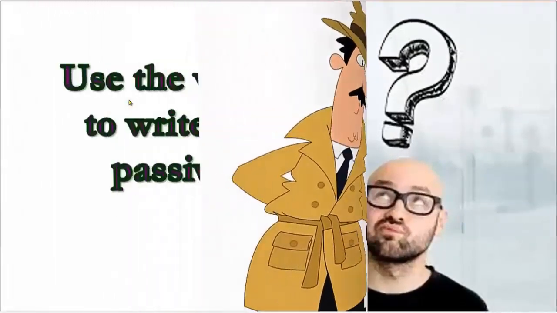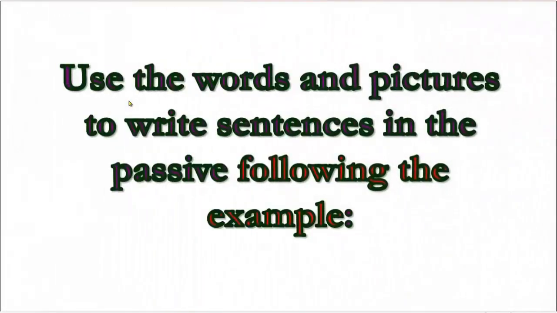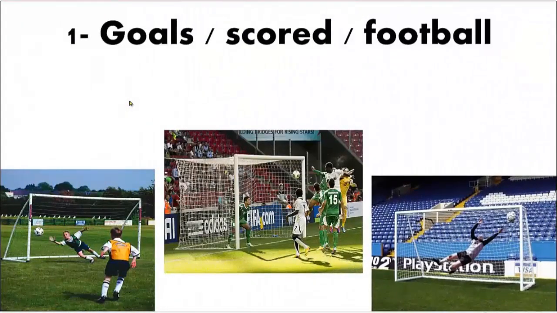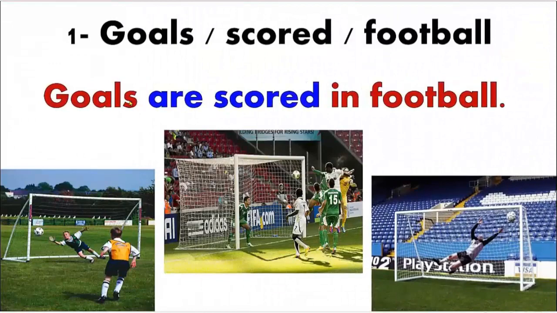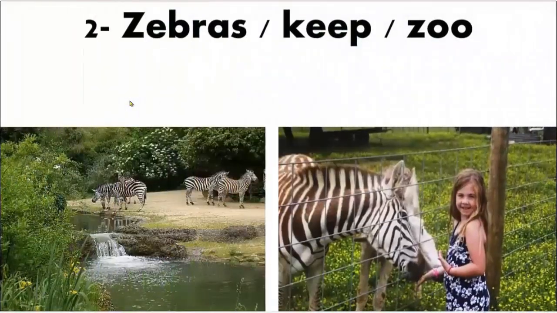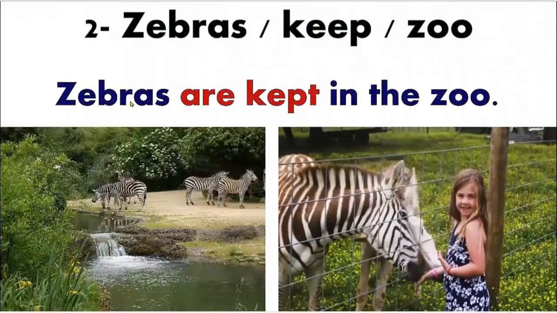Let's check your answers. Okay. Number 1 again. Goals are scored in football. 2. Zebras keep zoo. Who can form a passive voice?